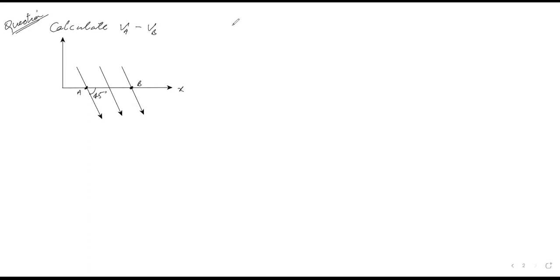And the separation between A and B is 5 meters. The magnitude of the electric field is given as E is equal to 10 N per coulomb. Your question is to calculate VA minus VB.